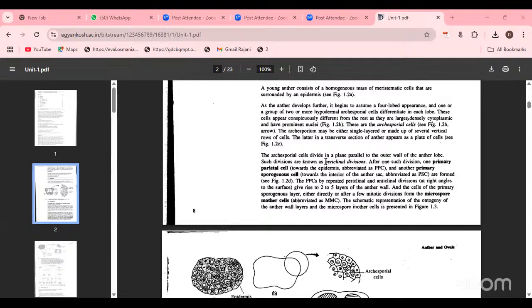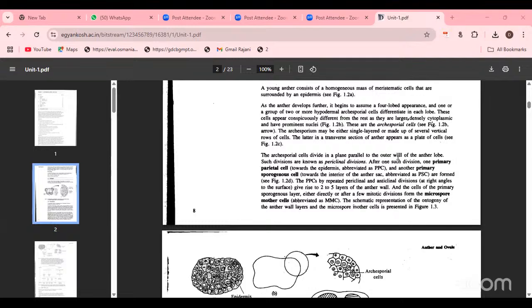After one such division, the primary parietal cells towards the epidermis are abbreviated as PPC.